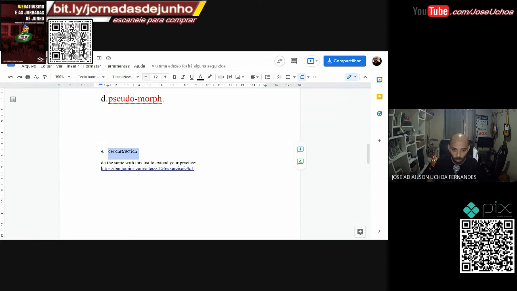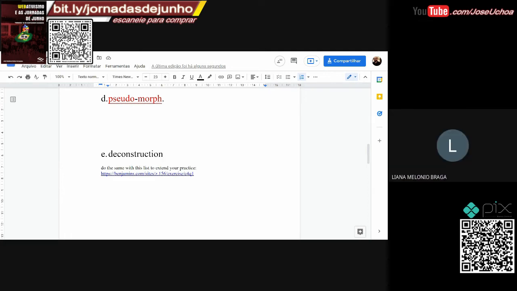Think of this word a little bit. Think of the other words you analyzed. What are the morphs that you can see here? Go to the morphs that you already know. Is there any morph here that you already know? Construct.